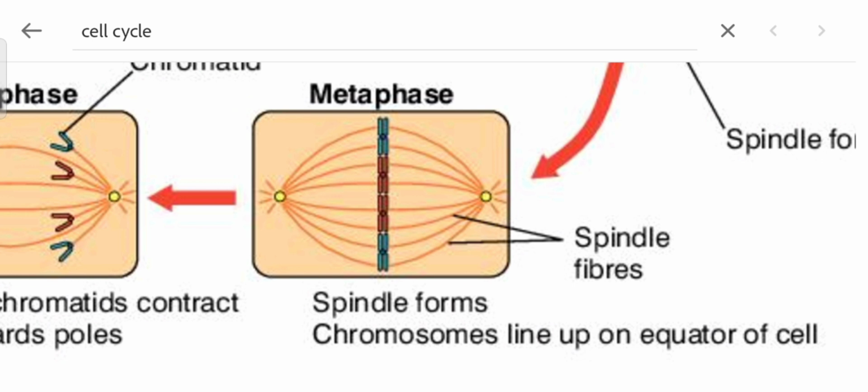Remember, in prophase, we lost the nuclear envelope and the nucleolus, but we ended when we had our spindle fibers forming. So the spindle fibers are now going to attach themselves to the chromosomes at the centromeres.